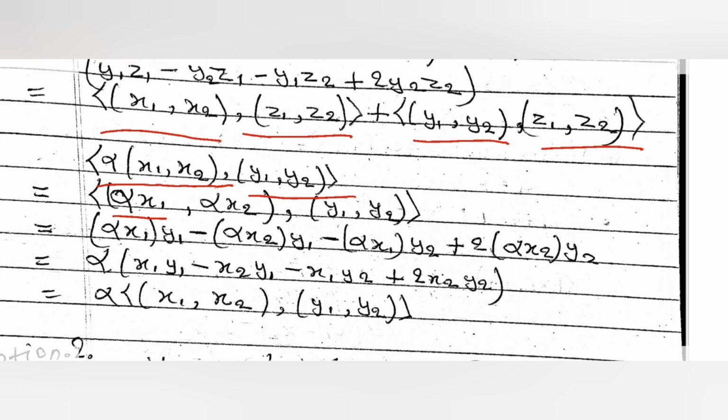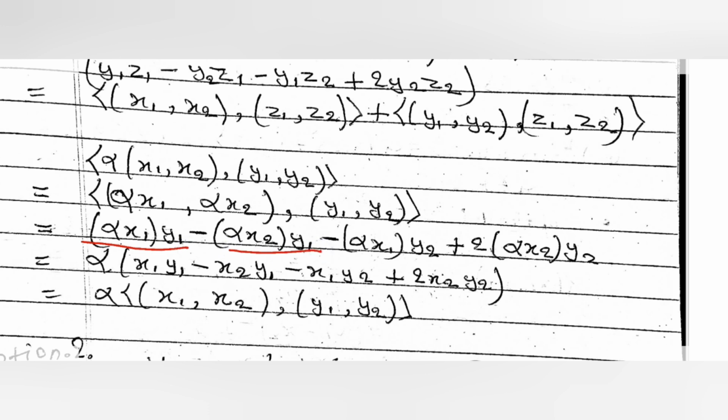Then by separating these, we have alpha x1 y1 minus alpha x2 y1 minus alpha x1 y2 plus 2 alpha x2 y2, that is equal to alpha into x1 y1 minus x2 y1 minus x1 y2 plus 2 x2 y2.